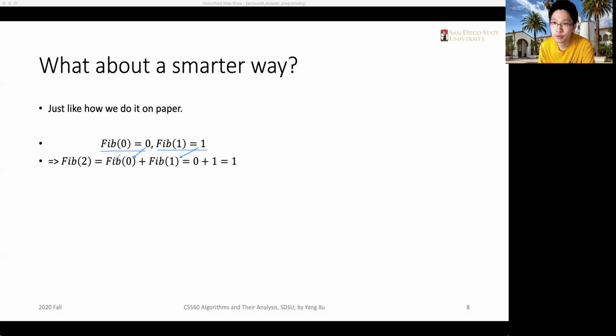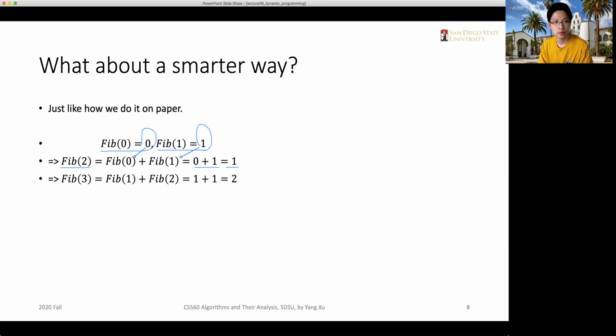But later on, when we try to solve the third one, we will not actually solve them again, but we will simply take the results that are already solved, 0 and 1, right? We'll take the result to tell us that the result to the third one is 1. And when we want to solve the fib of 3, which is the fourth Fibonacci number, okay?